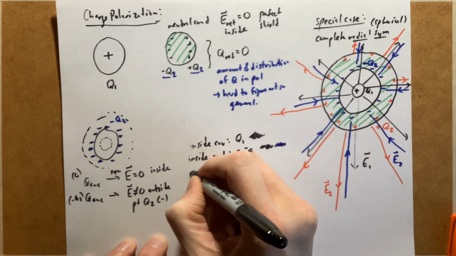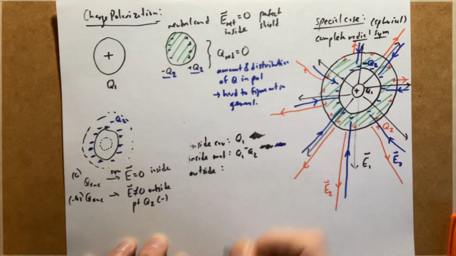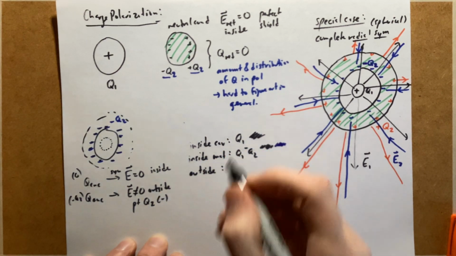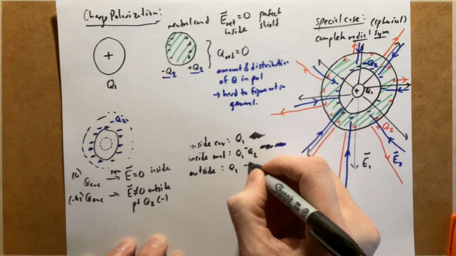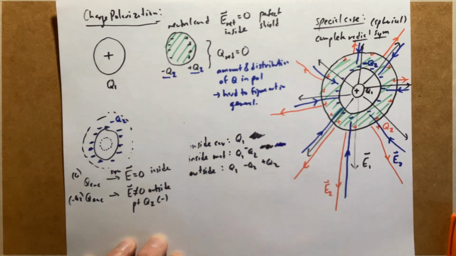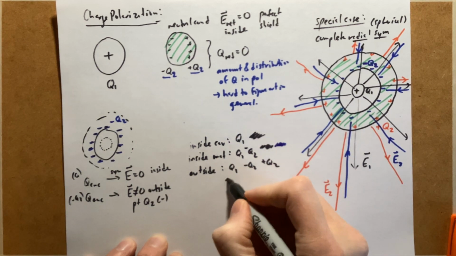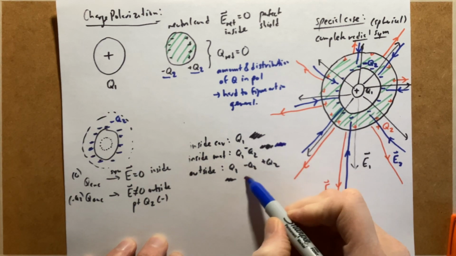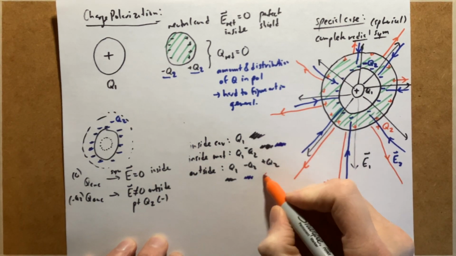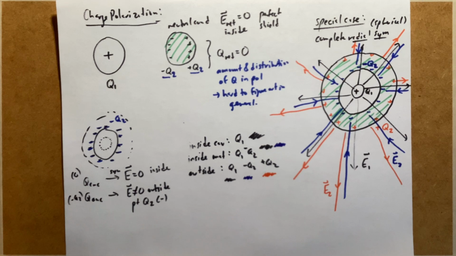Then when you're outside the whole system, you have Q1, the negative Q2, and the positive Q2, which are black, blue, and now picking up the orange. So that's basically just writing down all this.